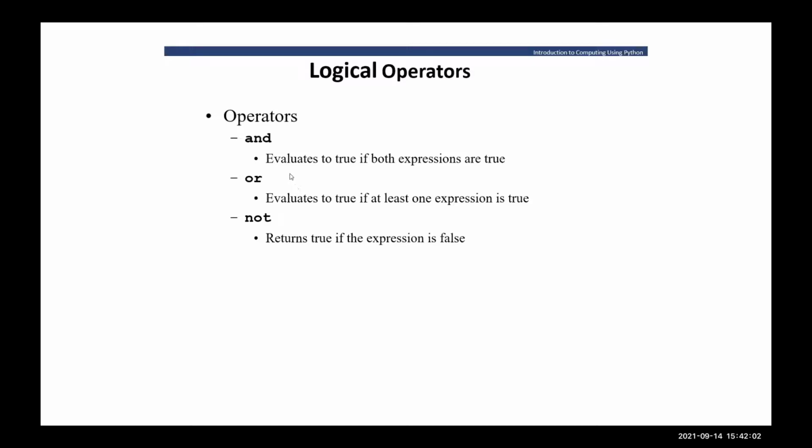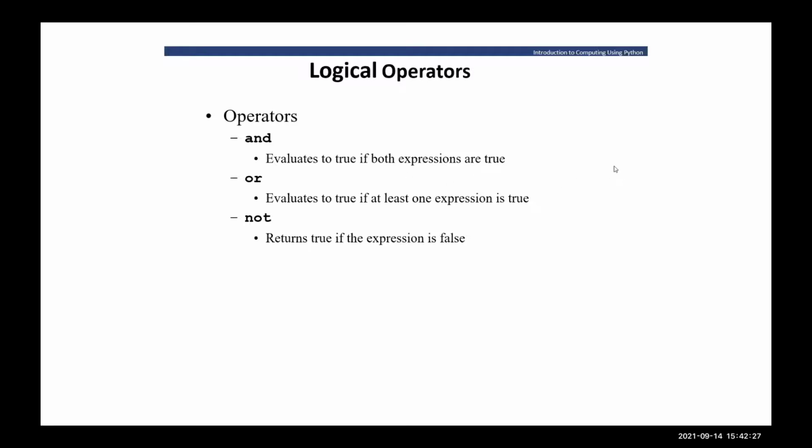Don't worry about it. The AND operation gives you true if both expressions are true. The OR will give you true if one of the expressions is true. The NOT will reverse your Boolean value.